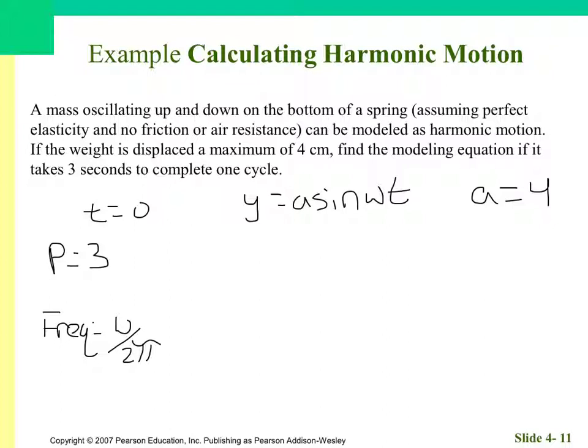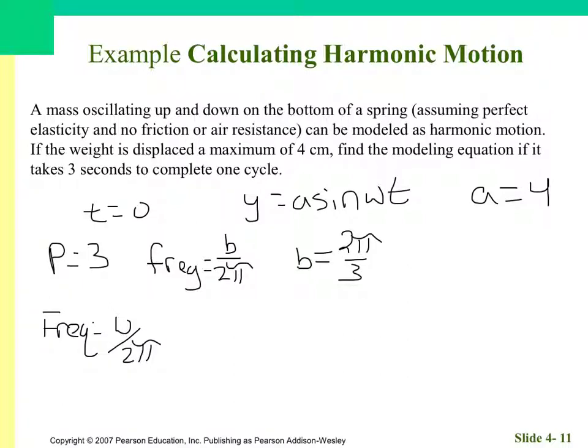Well, the frequency is equal to B divided by 2 pi. So we have to find B. Well, if the period is 3, then B is 2 pi divided by 3.